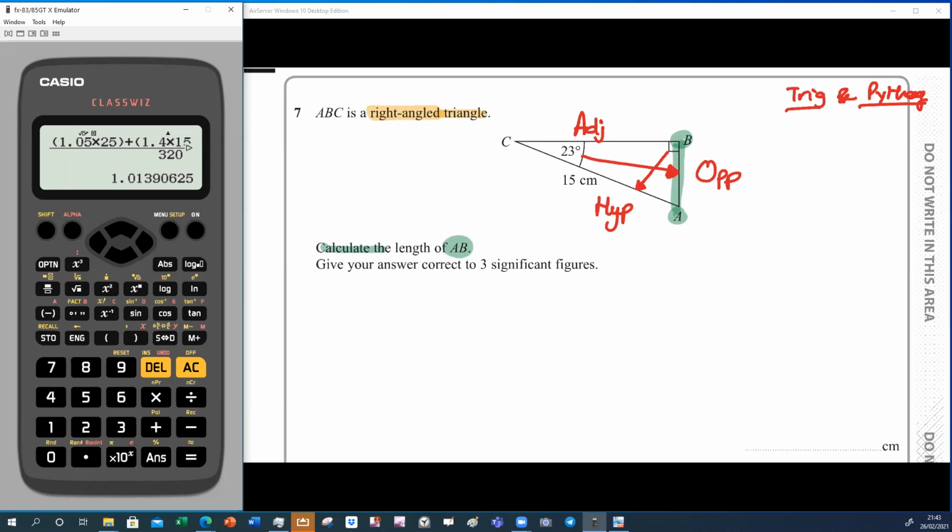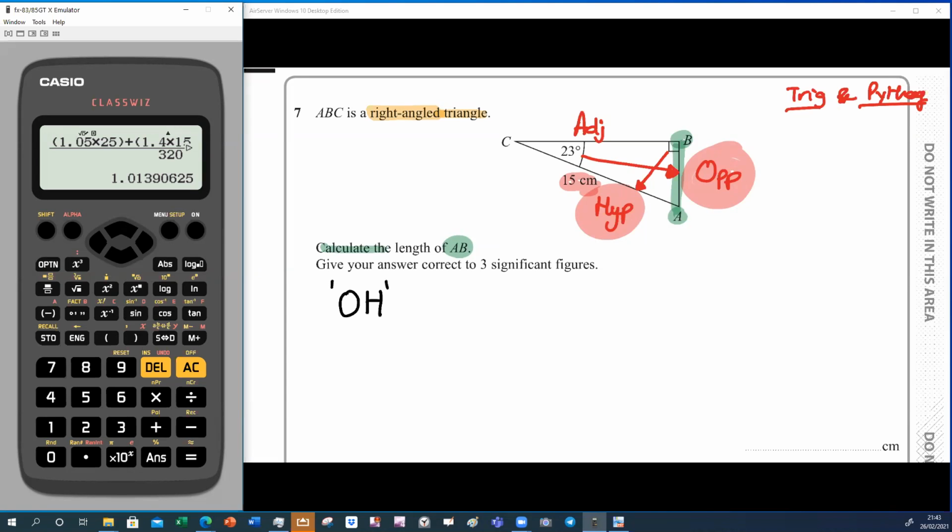So if you look at this particular question, what do we know? We know the hypotenuse, and we want to work out the opposite. Before you start giving me the value, if I put those O and H together, what sound does O and H make?